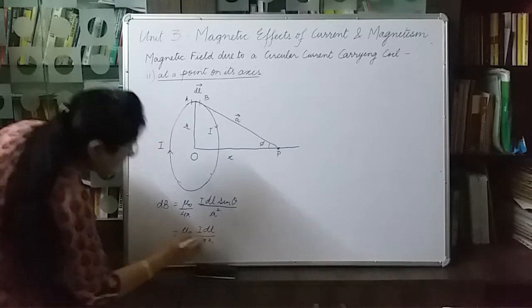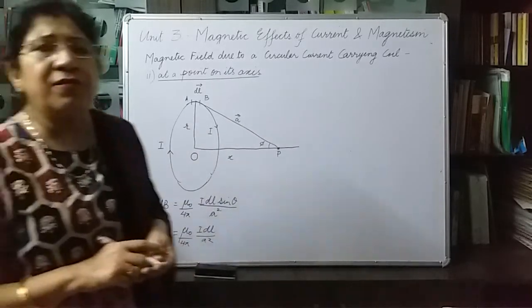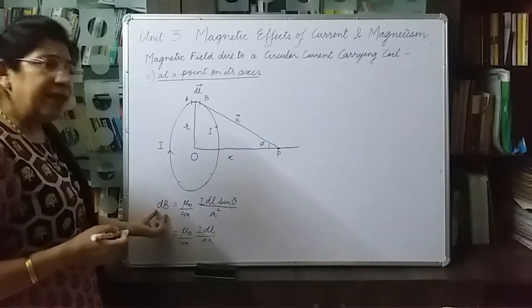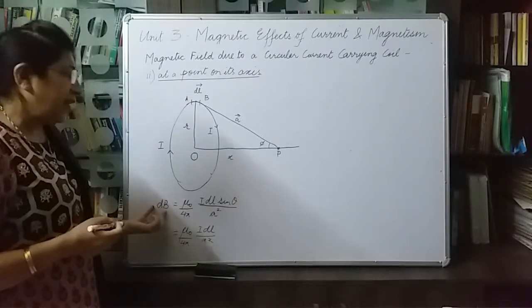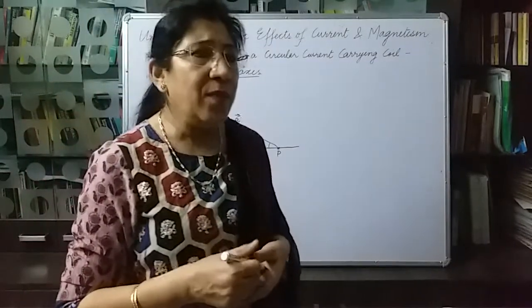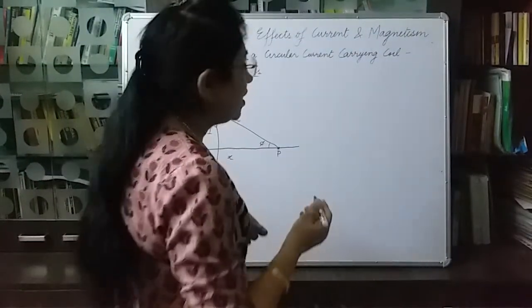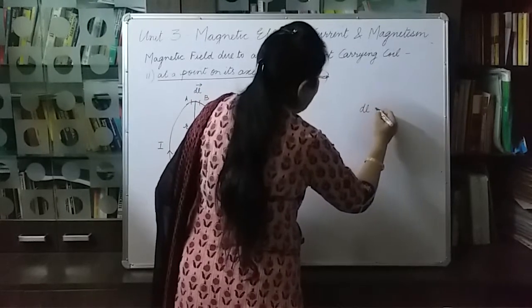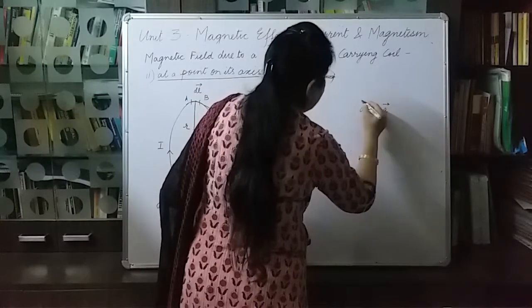a square. The direction of the magnetic field here, we want to draw this vector at P. The direction according to Biot-Savart law, I told you, is the cross product of dl and the position vector.